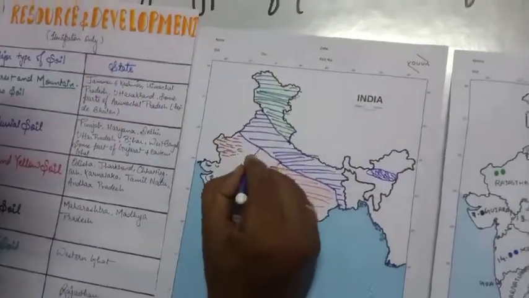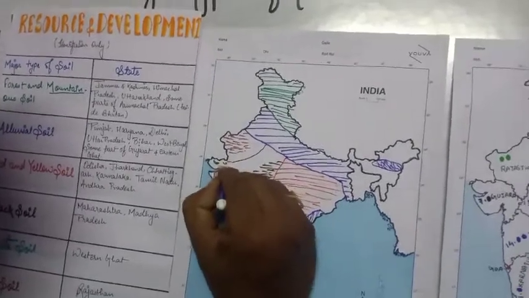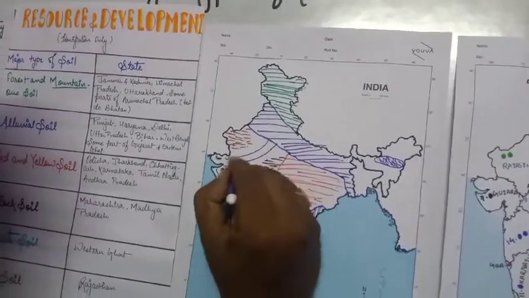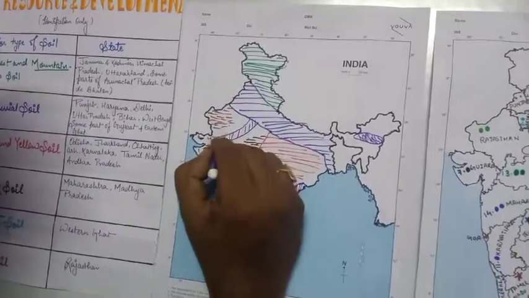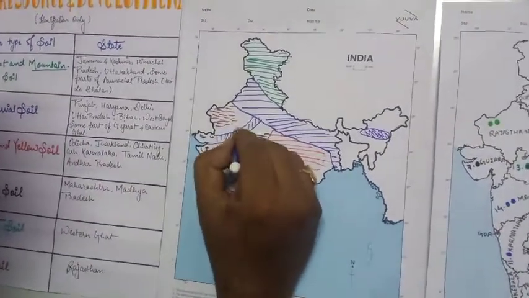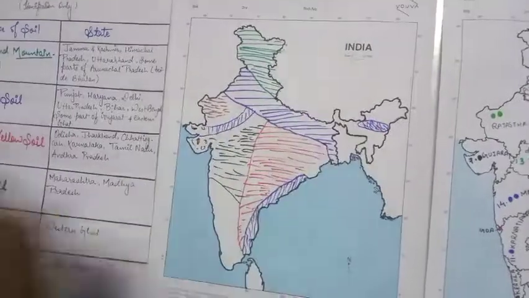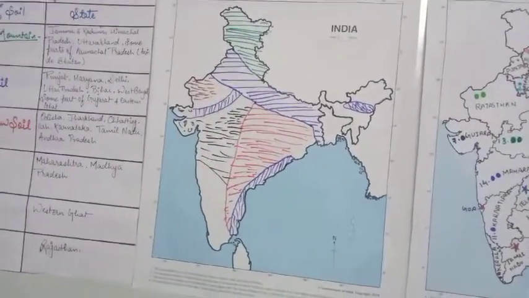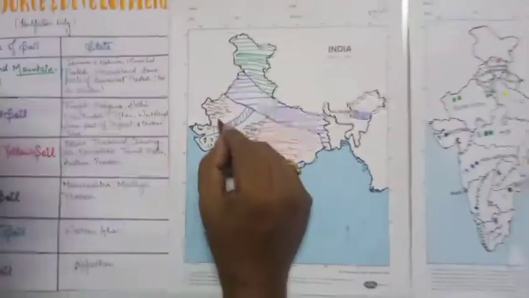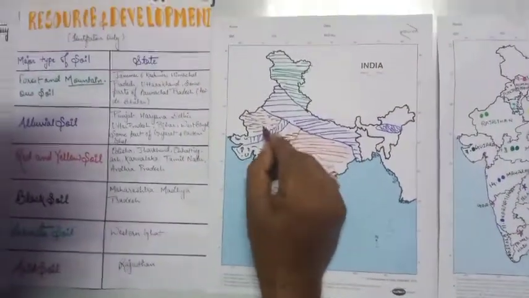So in this way you can say only this area will come under the alluvial soil, and this is the belt. It is not the enough areas, it is the belt, and the remaining part will come for arid soil.